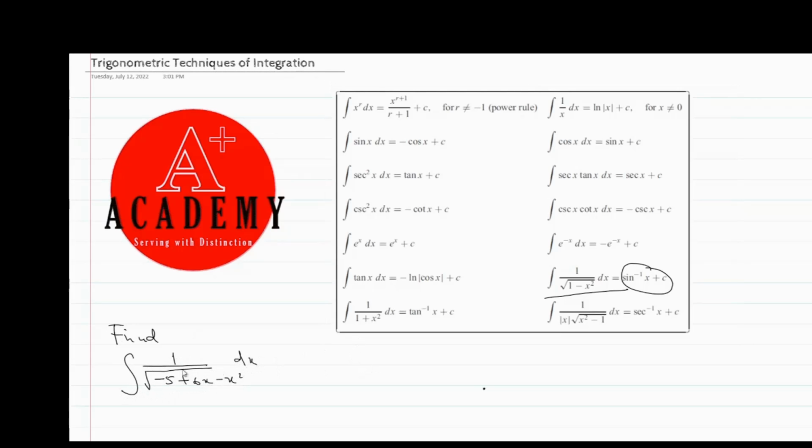If you look at this particular question, you will find that it takes the format of this basic integration problem. So what we are going to do is manipulate this expression under the root sign so that it takes that particular format. One way of doing that is by completing the square. So we are going to use the method of completing the square.